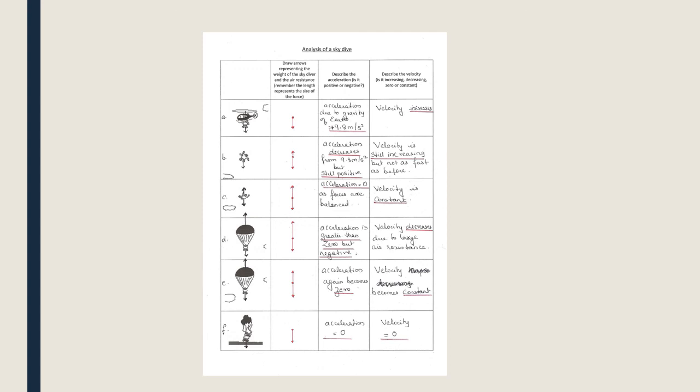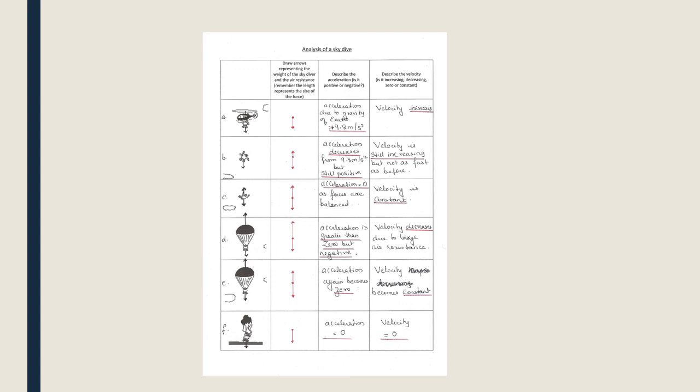Now if you look at the size of the arrows for all the 6 different stages, the arrow representing weight is exactly the same, because the weight of the person doesn't change. When I drew this on the paper, everywhere I was taking 1 centimeter to represent the weight.